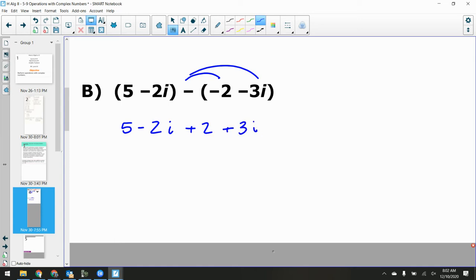Just distribute in the negative. That's the best route to take. And now we just combine like terms. 7 plus i. Pretty simple, right? Adding and subtracting, very simple.